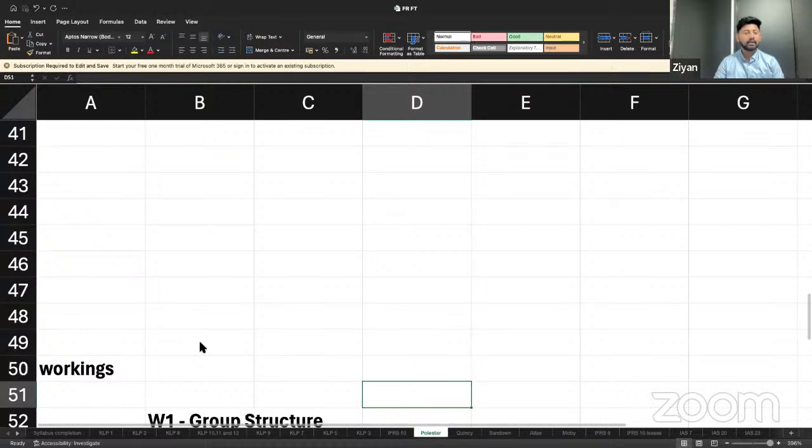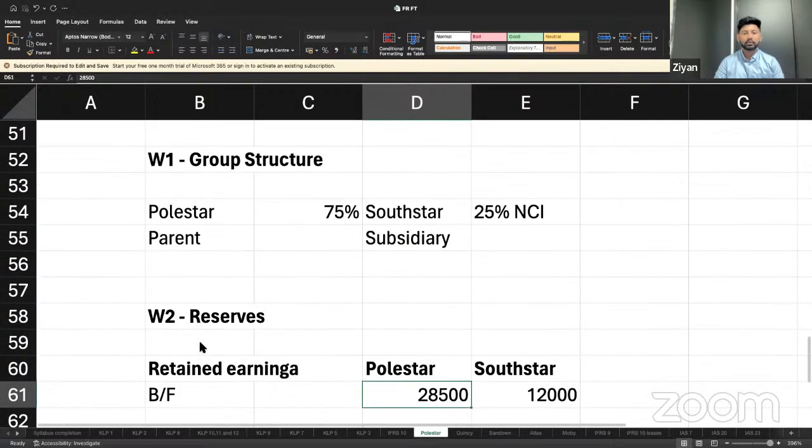Done, done, done. Line by line addition. Now, everybody, do you understand the starting? This is the starting. You need to start somewhere, right? Do you get it?